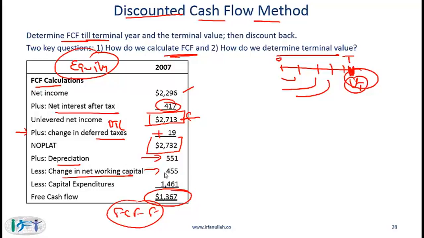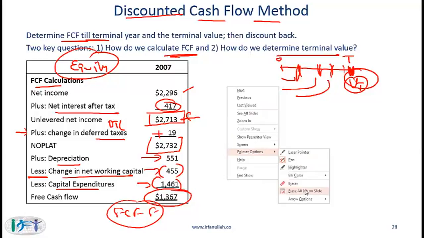Is this added or subtracted? It is subtracted because it is an outflow of cash, money spent on working capital. What about capital expenditures? This is also subtracted because it is money spent on capital equipment. And these numbers are all given in the excerpts in the curriculum. And you then come up with free cash flow. So you use this method to come up with free cash flows for every year until the terminal year.